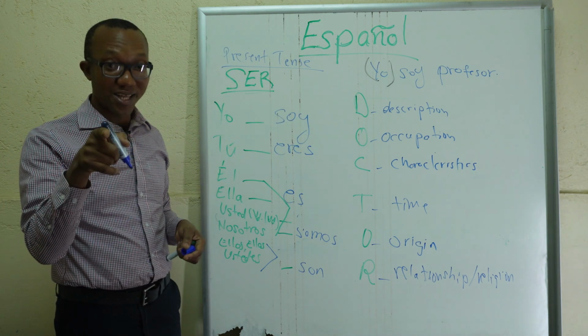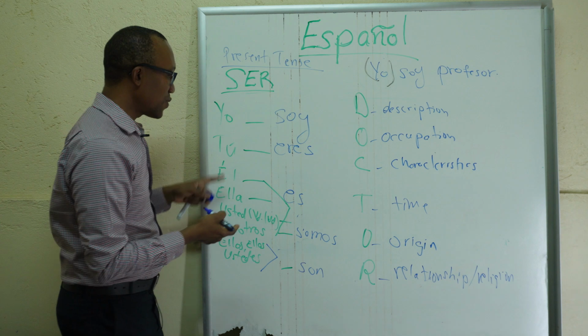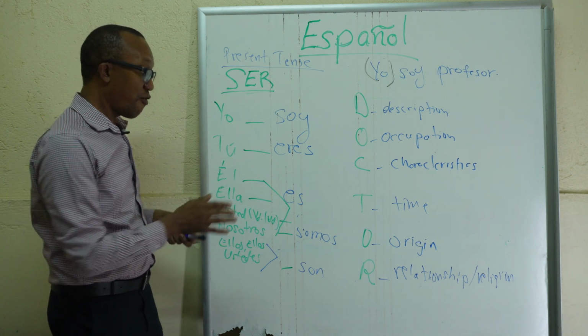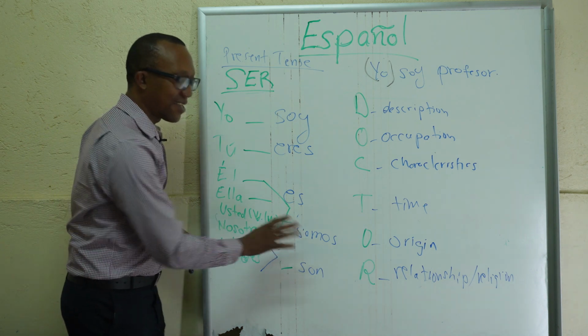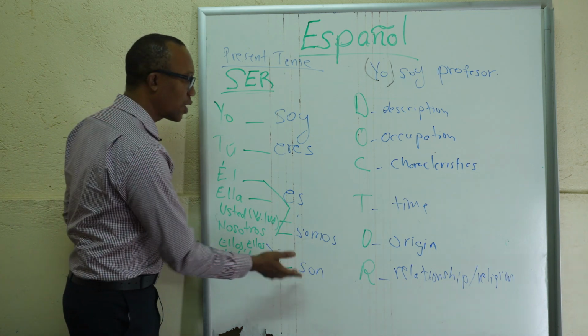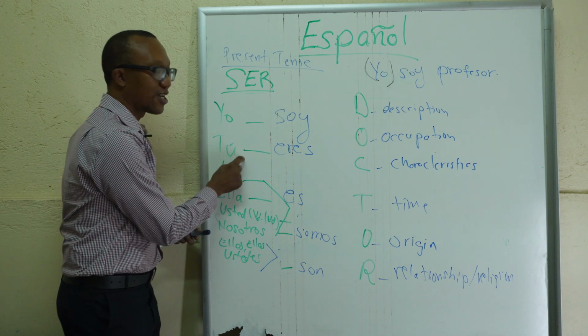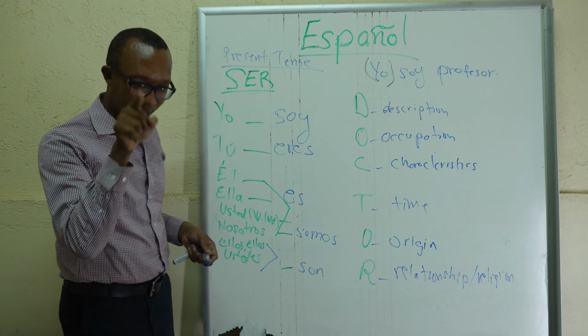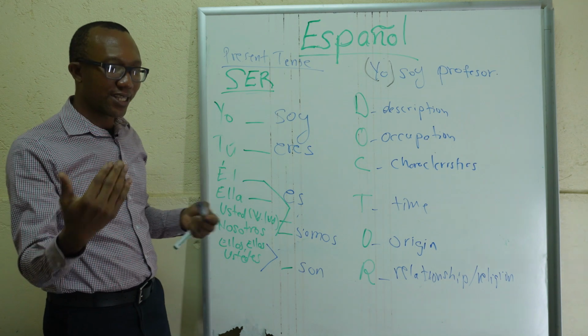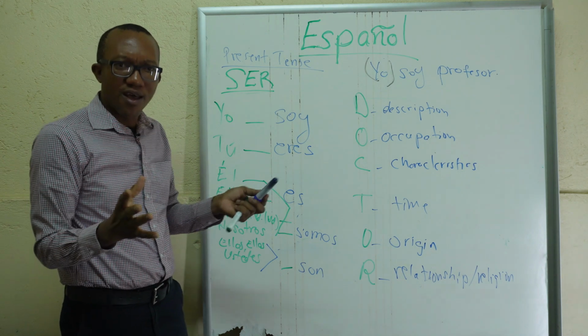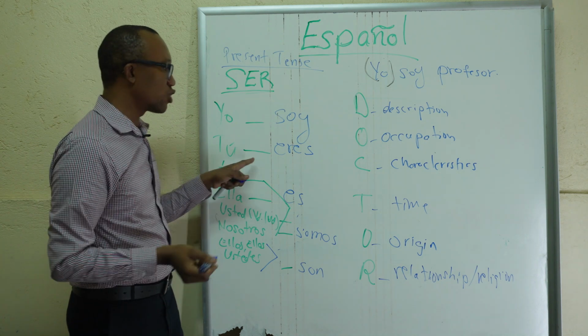You are a student. You are a learner. So which one do you think we're going to use? If we say es, it will be wrong. If we say somos, it will be wrong. If we say son, it will be wrong. We have to use tú, you. Singular, you are. And friendly too. So yes, we are in this space, so we are somewhat familiar with each other. So we are going to say tú.